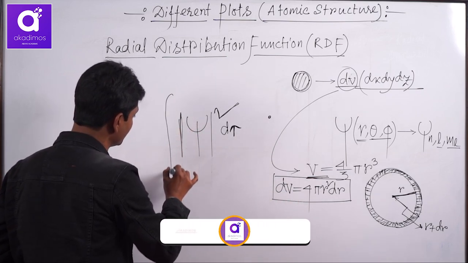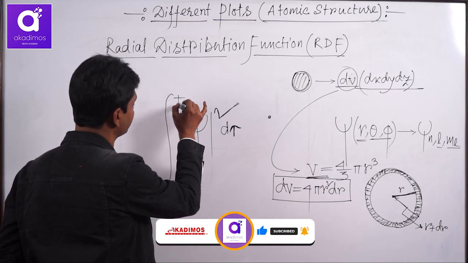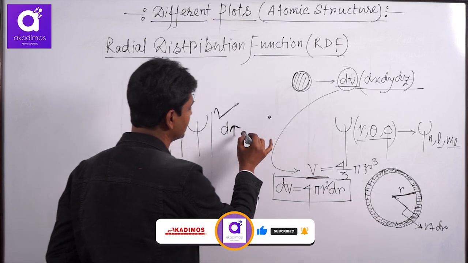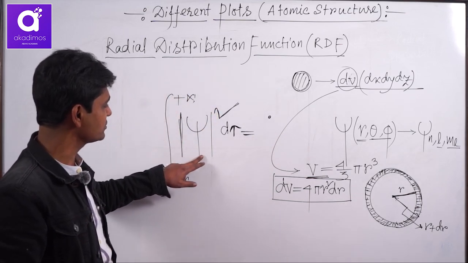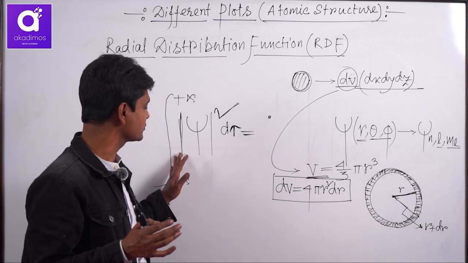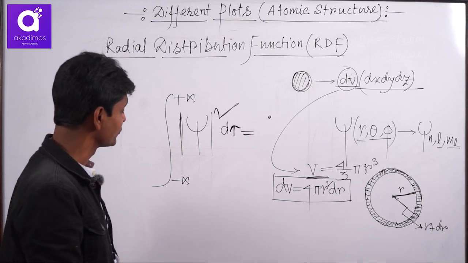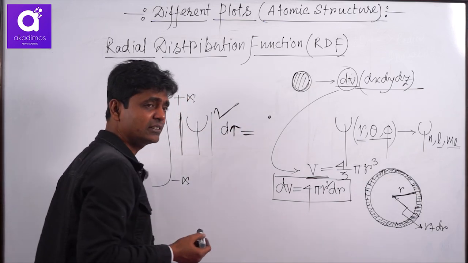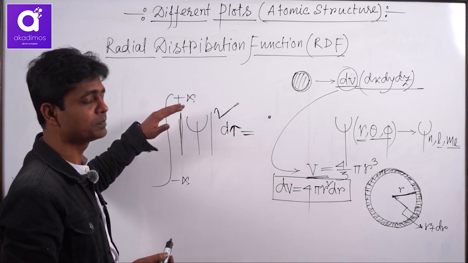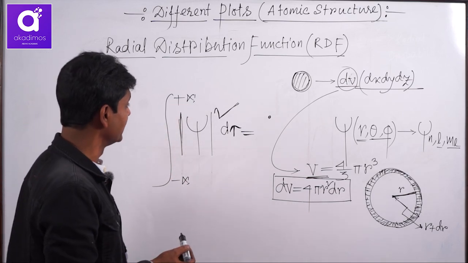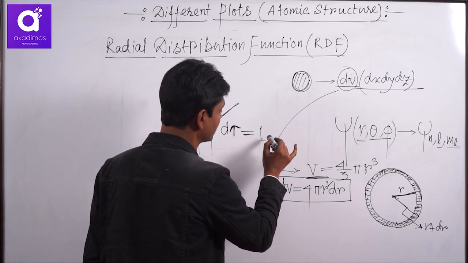Now, if I integrate from minus infinity to plus infinity, can you tell me what the value of this integration should be? I told you psi square is the electron finding probability in a three-dimensional region. This is the small 3D region, and if you integrate from minus infinity to plus infinity, the total probability of finding the electron is 1.